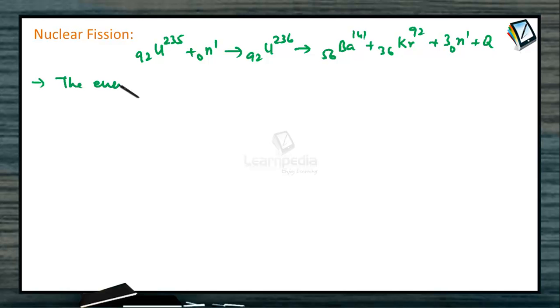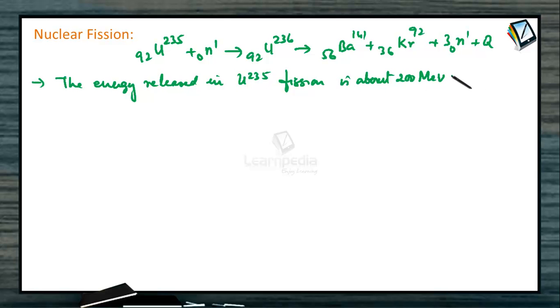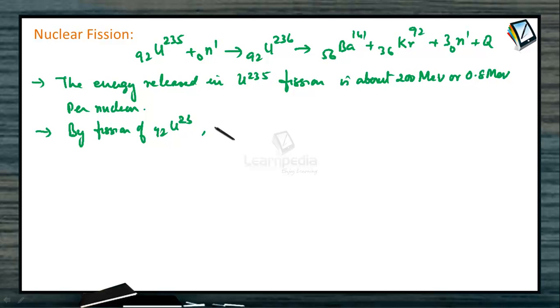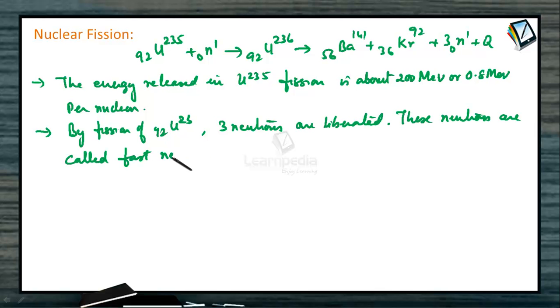The energy released in uranium-235 fission is about 200 MeV, million electron volts, or 0.8 MeV per nucleon. By fission of 92 uranium-235, nearly 3 neutrons are liberated. These neutrons are called fast neutrons and their energy is about 2 MeV each.